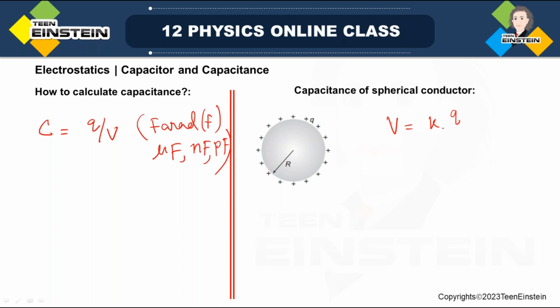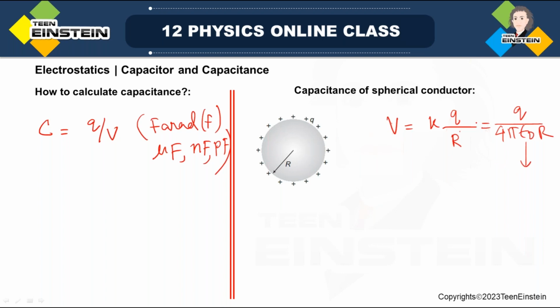So the potential is K into Q by R, which we know, and K is 1 by 4 pi epsilon naught, so the potential is Q by 4 pi epsilon naught R, where epsilon naught is the permittivity in free space.